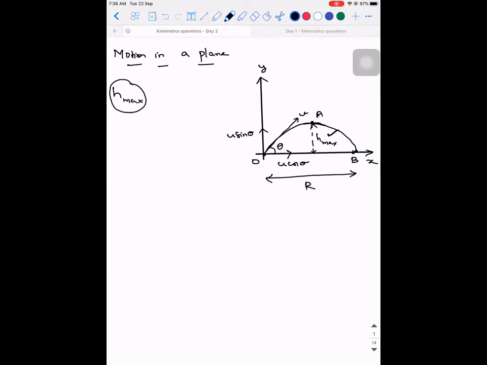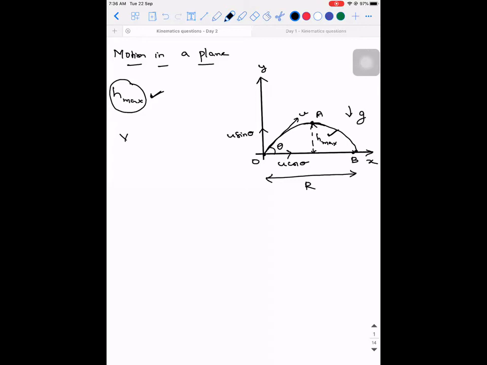What will you do? What comes to your mind? Since you people told me ignoring air resistance, then we can say that the object is moving under a constant acceleration of g. We have to take all the vertical components into consideration. Yes. So H max is a vertical component.